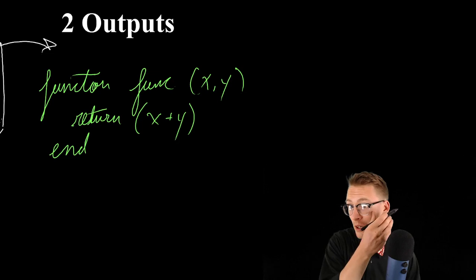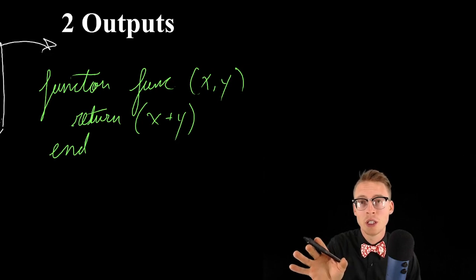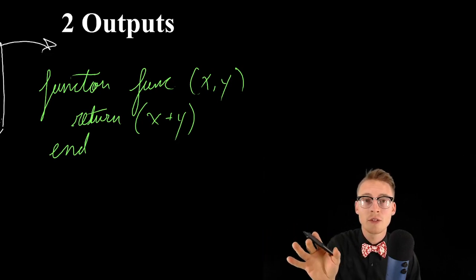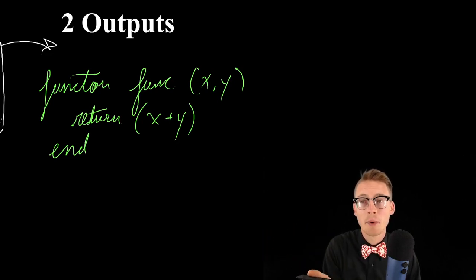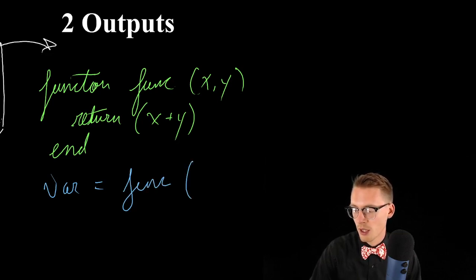Now, if we're going to call it, we've got to remember that whenever we call it, it's going to send information to the function, return information, and become whatever it has returned. So let's say that we've said var equals func, and then 2, 2.